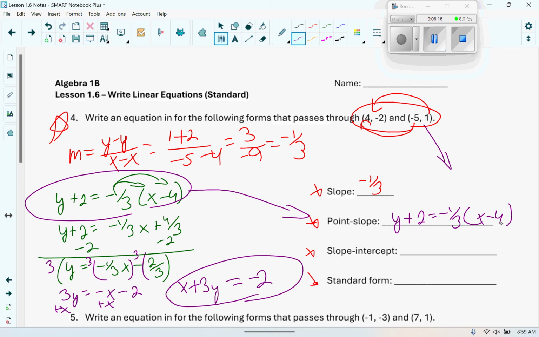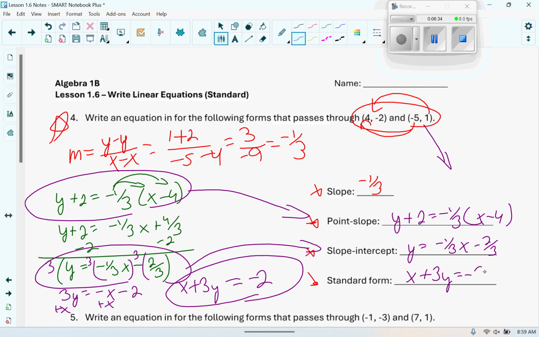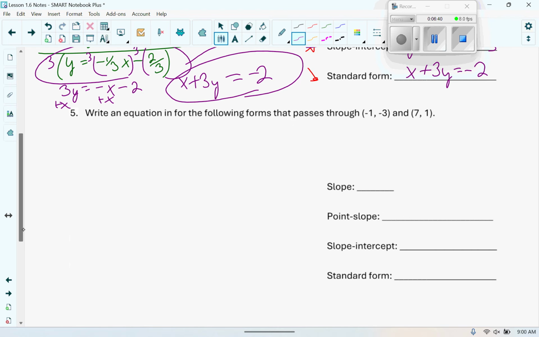Slope-intercept form is y equals mx plus b, so that's going to be y equals negative 1/3 x minus 2/3. Everyone should have the same equations for slope-intercept and standard. And then finally, standard. Make sure you know the 3 forms. That's pretty important too. Go ahead and try number 5 on your own and see if you can get it.